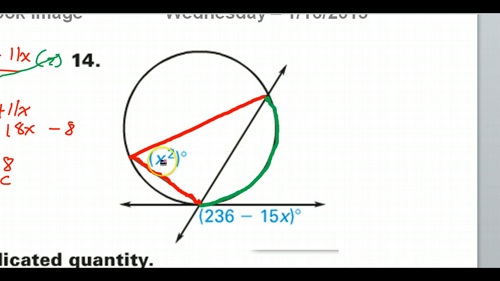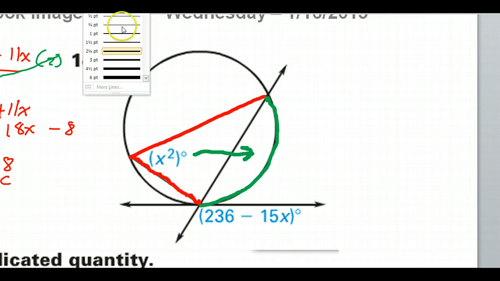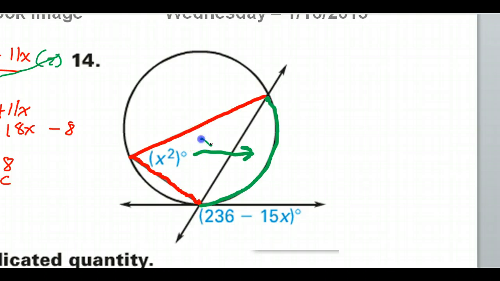Now, you'll probably notice that this is an inscribed angle. It goes right at the edge. So, if I wanted to, I could double it, and that should give me the arc. So if I take this and multiply it by 2, that means this green arc out here could be 2x squared.